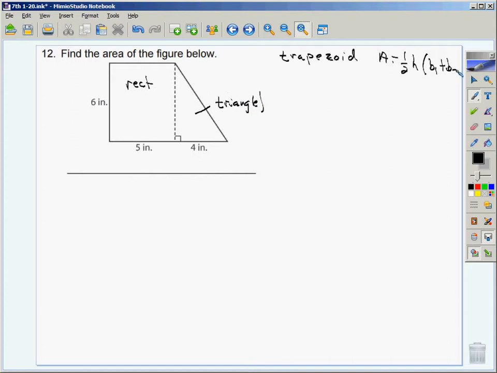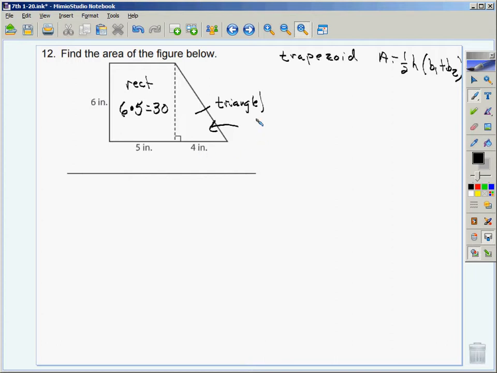Okay. Either way would work. I did the rectangle and triangle because that's the way I feel most of my students are more comfortable working it. So in the rectangle, I would have taken the length times the width, 6 times 5, which is 30. In the triangle, I would have done base times height.